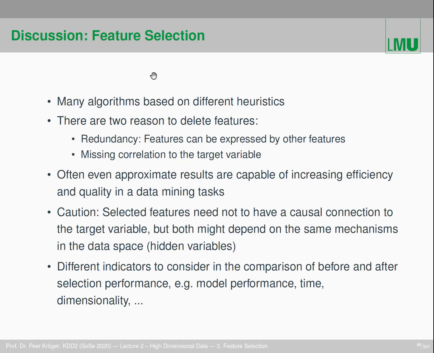Those are different indicators that can be important to evaluate whether or not the feature selection makes sense. So always keep in mind that feature selection is a good idea to try out, but try it out, see what happens, and evaluate if it really pays off or not. That's very important, I think.